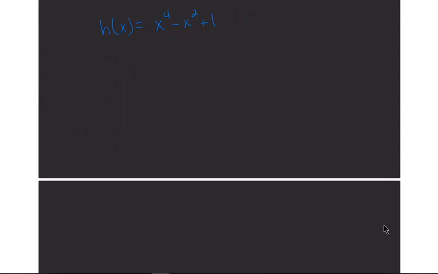All right. So when it comes to evaluating these, they could either give us the x value, or they can give us what the whole entire function equals, the y value, and then we solve it. So if I asked you guys what is h of 2, what do you think you're going to do? So we did have h of x, but now we have h of 2. So what got replaced or substituted?